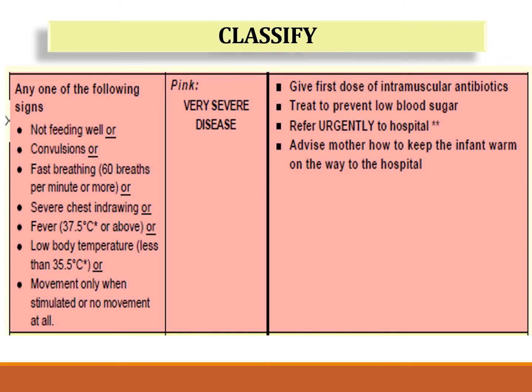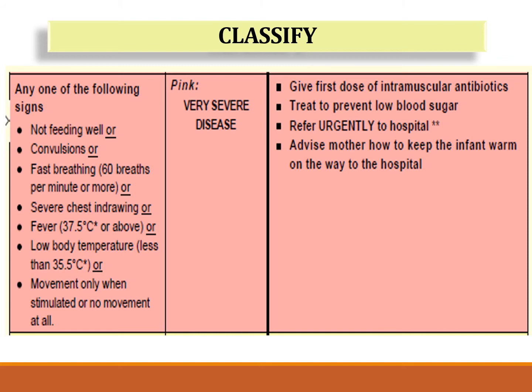So any of the following signs that may manifest as very severe disease: not feeding well, or convulsions, or fast breathing of 60 breaths per minute or more, or the presence of severe chest indrawing, or fever which is 37.5 degrees or above axillary temperature, or the opposite, low body temperature which is less than 35.5, or movement only when stimulated, or no movement at all. So this is classified as very severe disease.